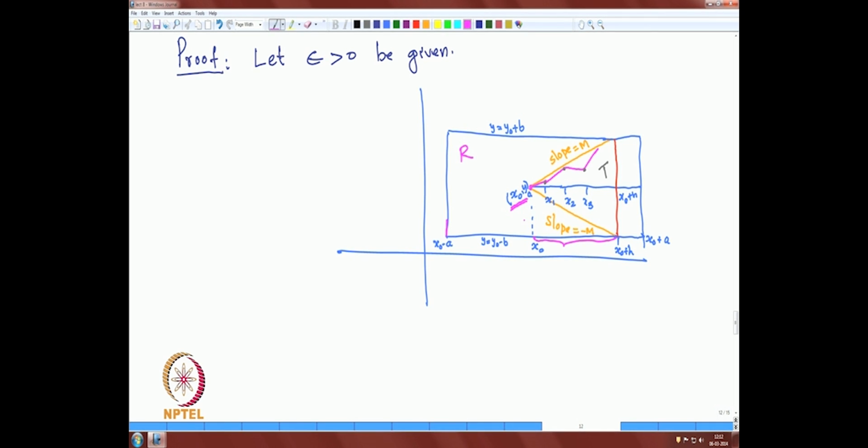Now we make polygons and join them to get an approximate shape of the solution curve. An approximate solution will be constructed.